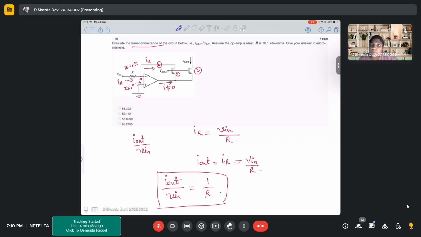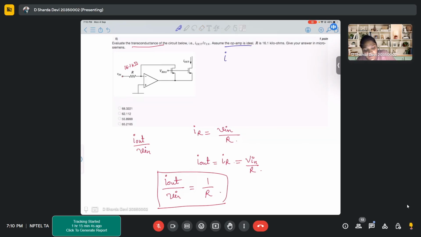See, ma'am, this is the current going out of the output of the op amp. Let's reiterate it once again. Here it is mentioned to assume an ideal op amp.